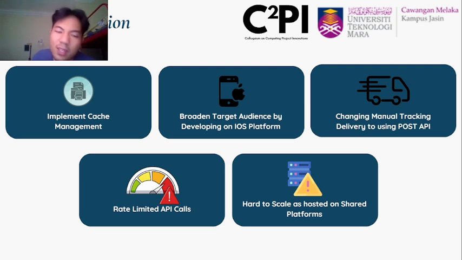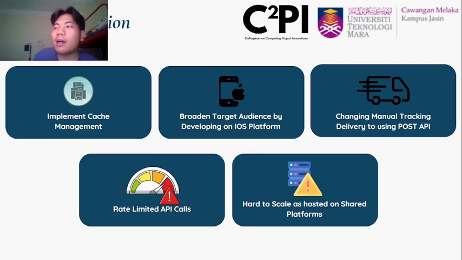Okay, for the limitation, maybe in the future I will also be implementing rate limited API calls. So currently in the system, the PLG EMS does not have a rate limited API. So in theory, each user can call a specific API many times.